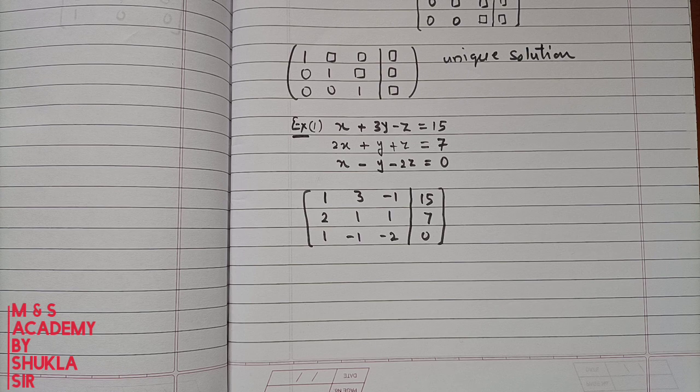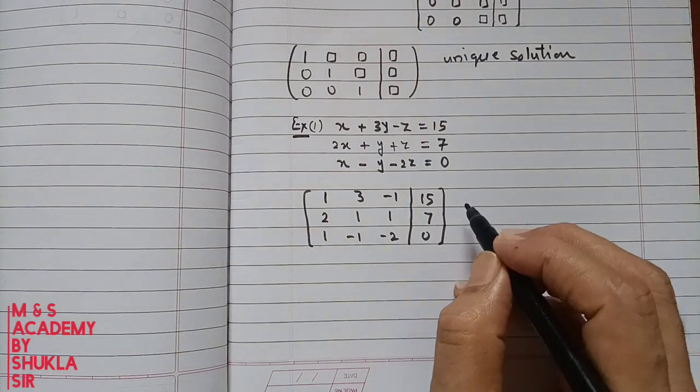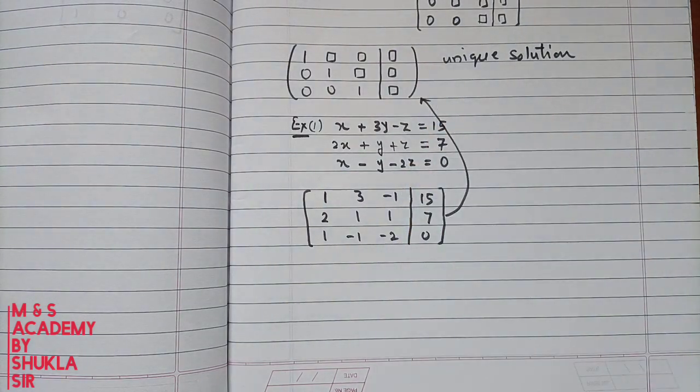Now using only row operations, we'll try to convert the given augmented matrix into this form. If it is possible, we'll get a unique solution.